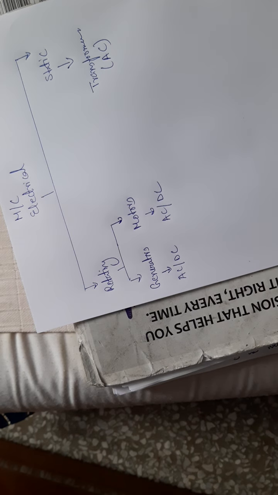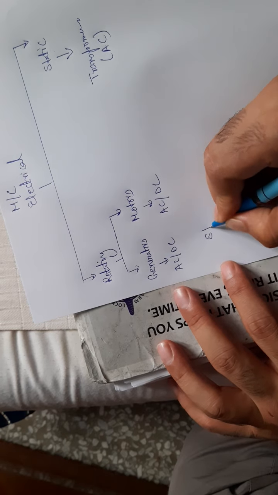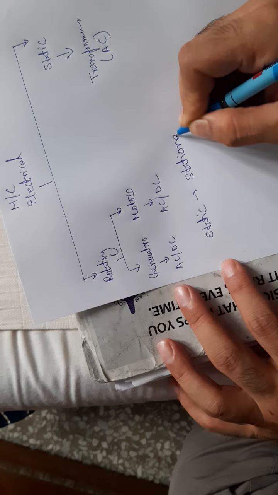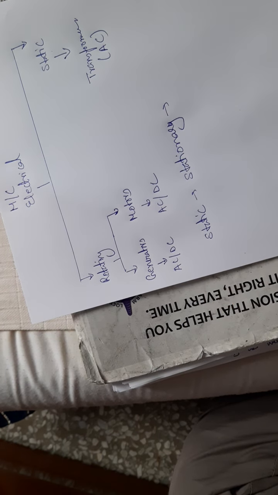So because of this static nature, static means stationary. If something is stationary and something is moving, which will have higher efficiency? In rotating machines, we have friction losses. Wherever there is motion, there is friction. We have noise, because the higher the speed, the more the sound.